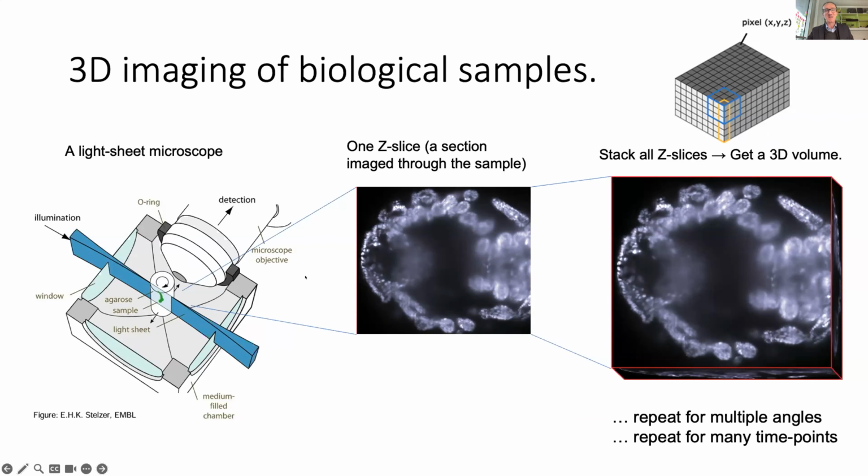In the case of this experiment that I'm presenting, it's a bit more complex than that, because this setup allows acquiring several angles of the sample to build a more accurate view of it. You can image the sample over multiple angles, and you can image it over time. And in the end, you get this.